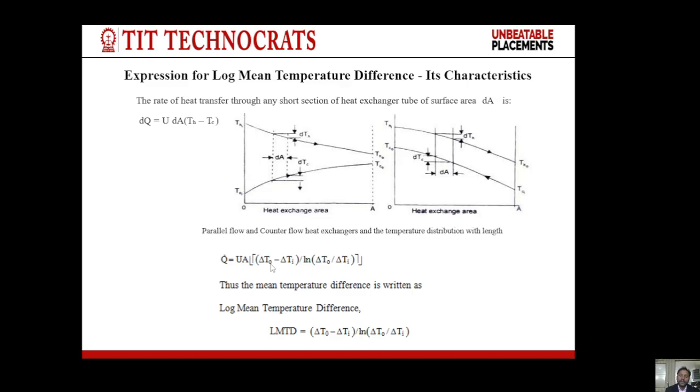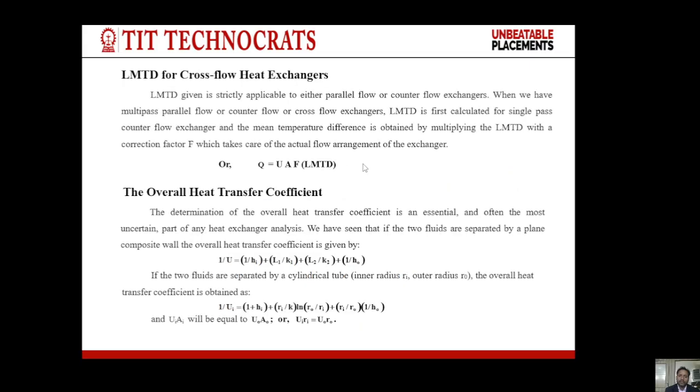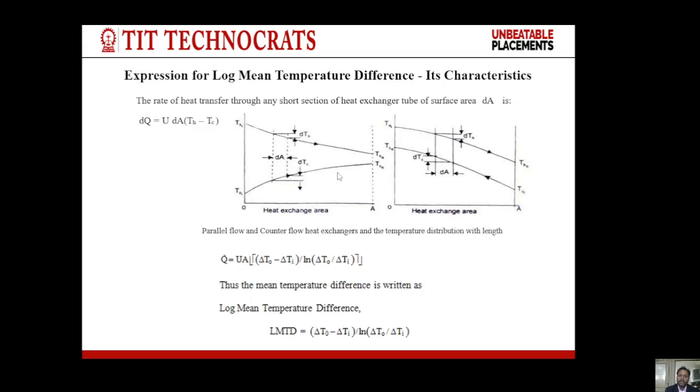So we can calculate by using this formula, that is UA times delta T outlet minus delta T inlet upon natural log delta T outlet upon delta T inlet. Delta T outlet is the temperature difference at exit, and delta T inlet is the temperature difference between fluid in. So finally we will use this formula to calculate the logarithmic mean temperature difference.